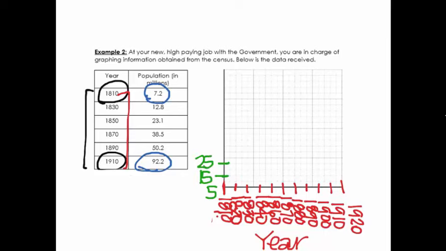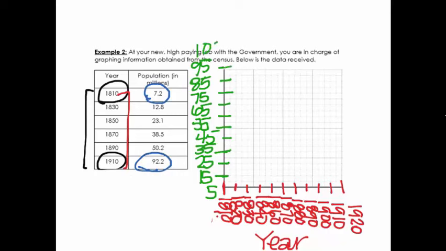This is going to be 25. 2 more is 35. 45. 55. 65. 75. 85. 95. And my very end is 105.